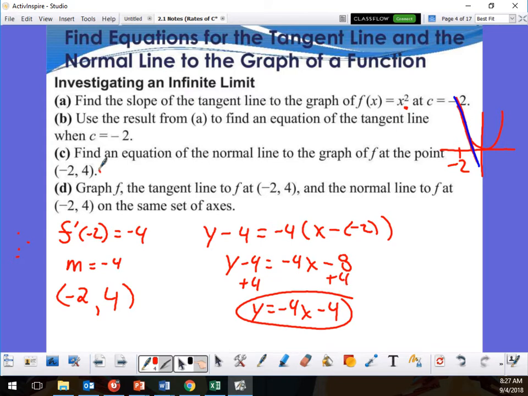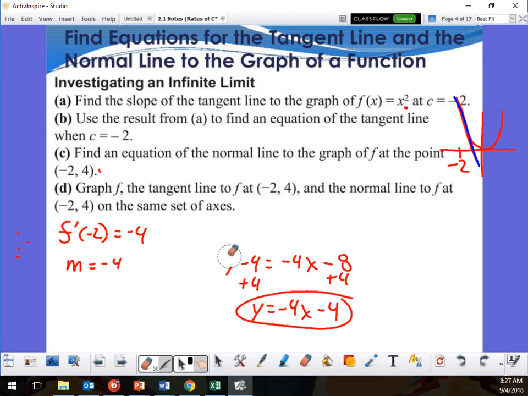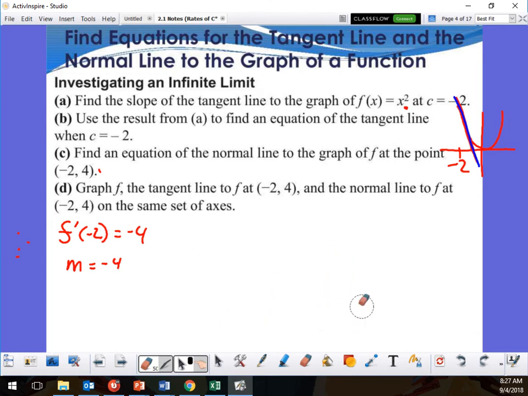Okay, so now, it's at the same point. So I have that point. So, change this up. So my perpendicular slope for this, what's going to be the perpendicular slope for -4?